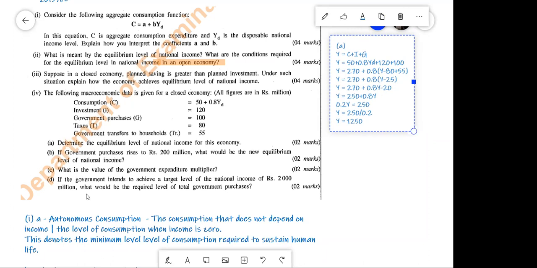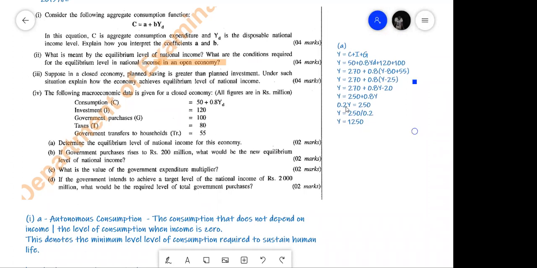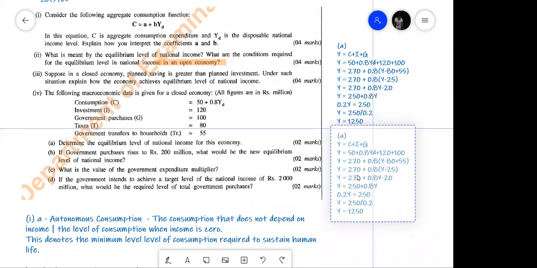Since they're asking the multiplier in part C, I'll not do the multiplier method. I'll just do the normal other way. So instead of this 100, you make G 200.